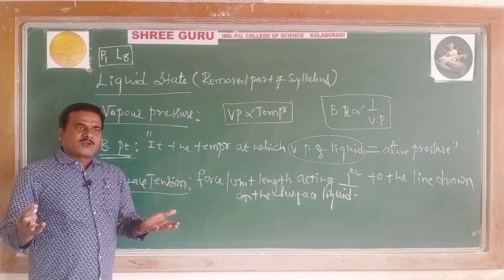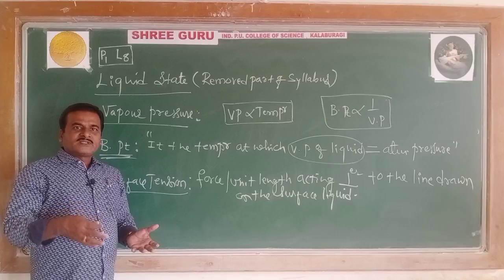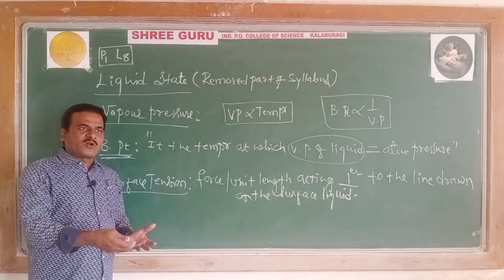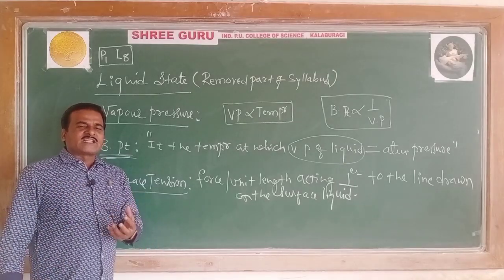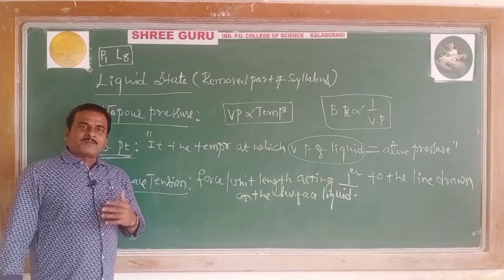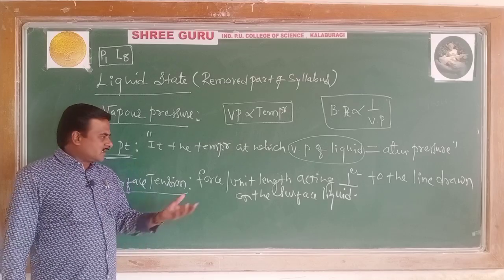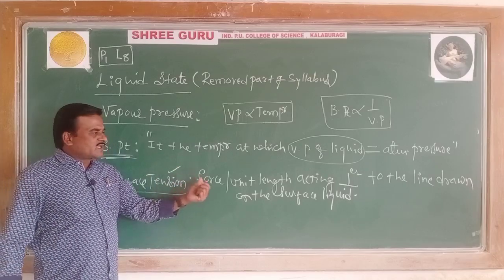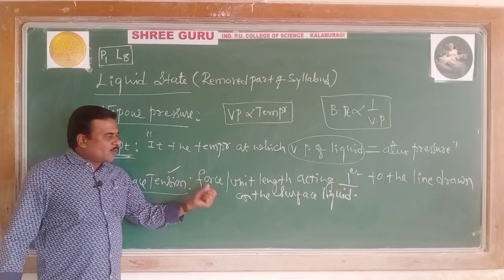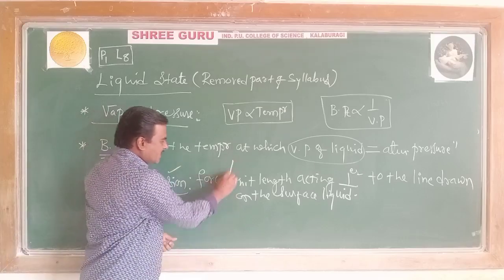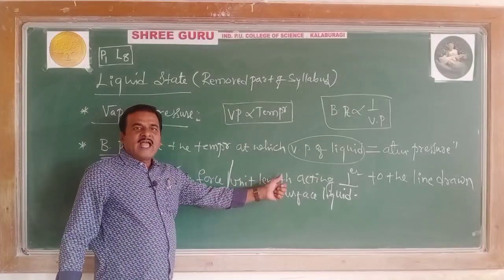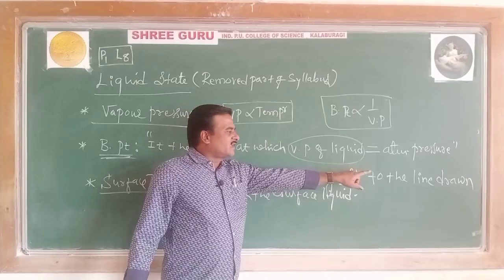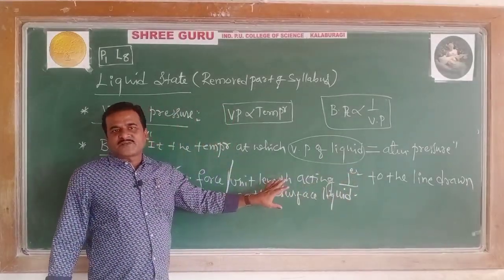Biologically, each and every plant gets water through its roots by capillary action. The capillary action of water is because of the property called surface tension. So what is surface tension? It is the force per unit length acting perpendicular to the line drawn on the surface of a liquid.